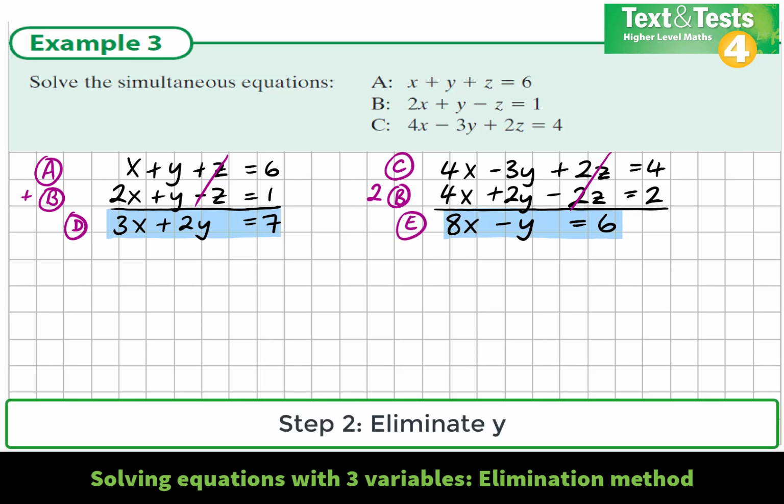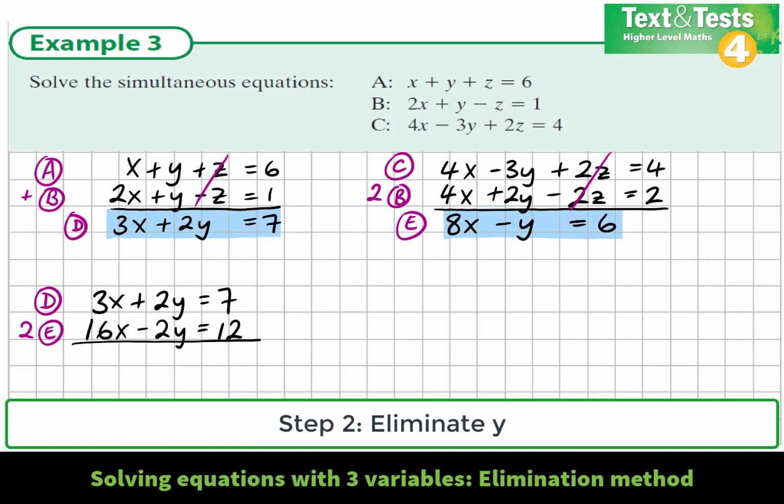Now we're on to the next step. What I would like to do now is use these two equations to eliminate x or y. It looks like the y's would be easier to eliminate because I have a 2y and a minus y. So if I take equation D, and to equation D I add 2 times equation E. So I double equation E, I get 16x minus 2y is equal to 12.